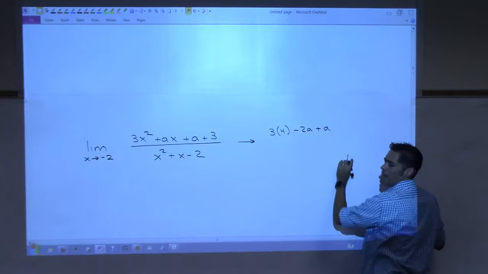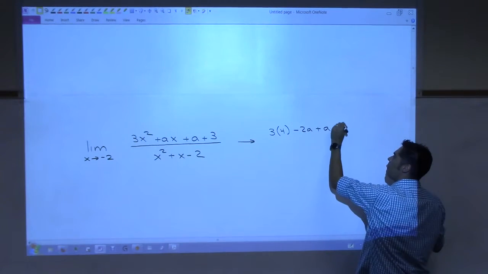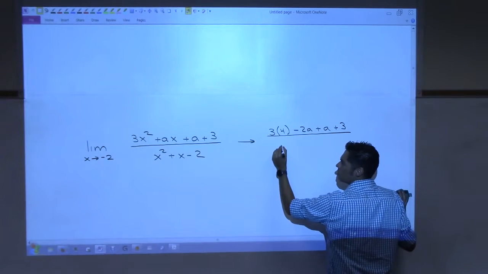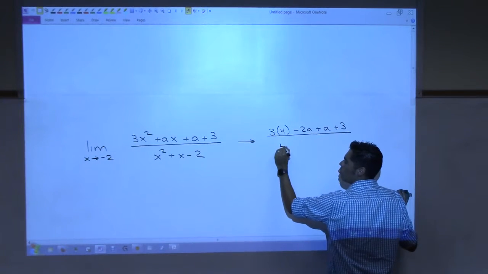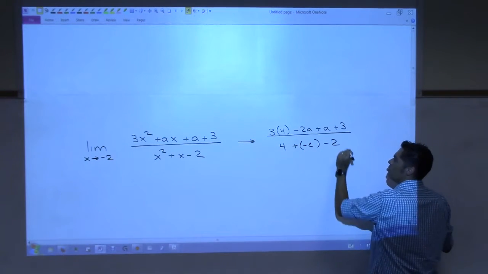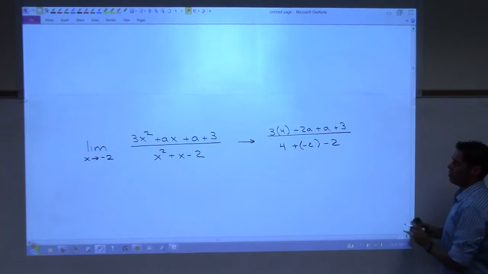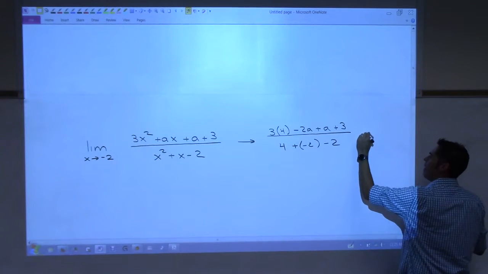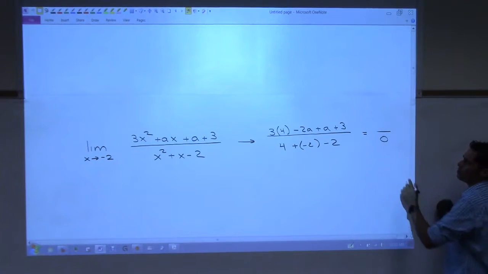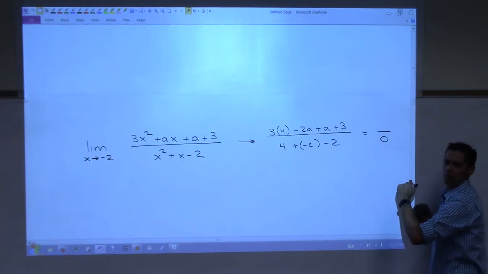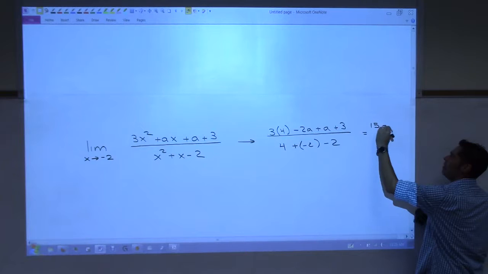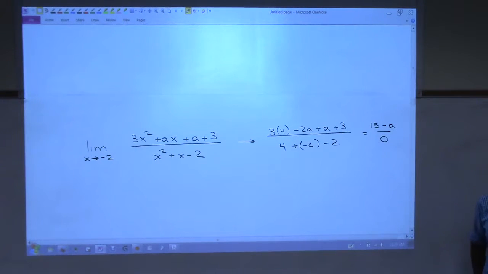So just plus A, and then plus 3 over, what is this? 4 plus negative 2 minus 2, which would give us 0. So we have 0 on the bottom. What about on the top, though? 12 plus 3? 15, right? Minus A. 15 minus A, right?